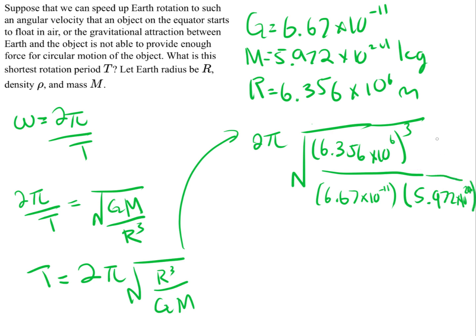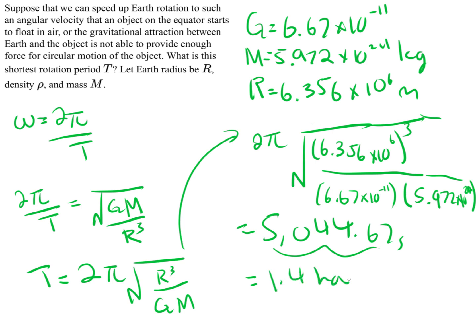This is a little bit squished, but just know that that is this value here. So now we just need to simplify this. This gives you about 5,044.67 seconds. But this really doesn't mean anything since we're not used to seeing that many seconds. So we can convert that to hours, and that gives you about 1.4 hours.